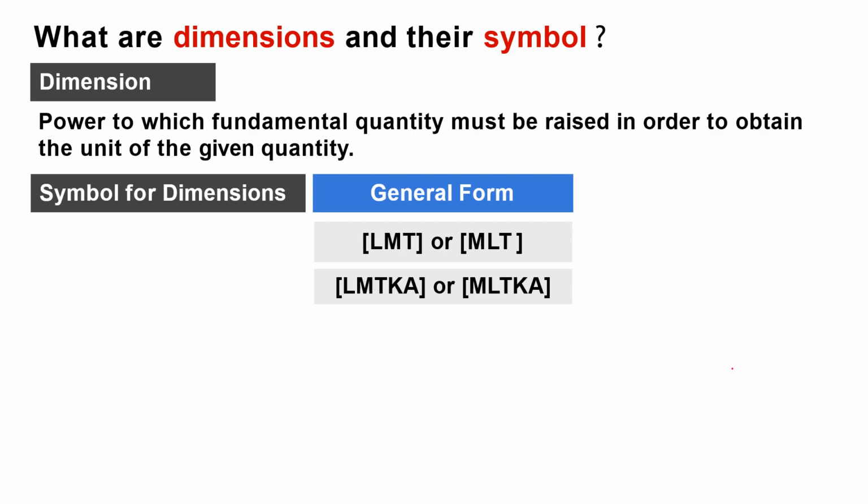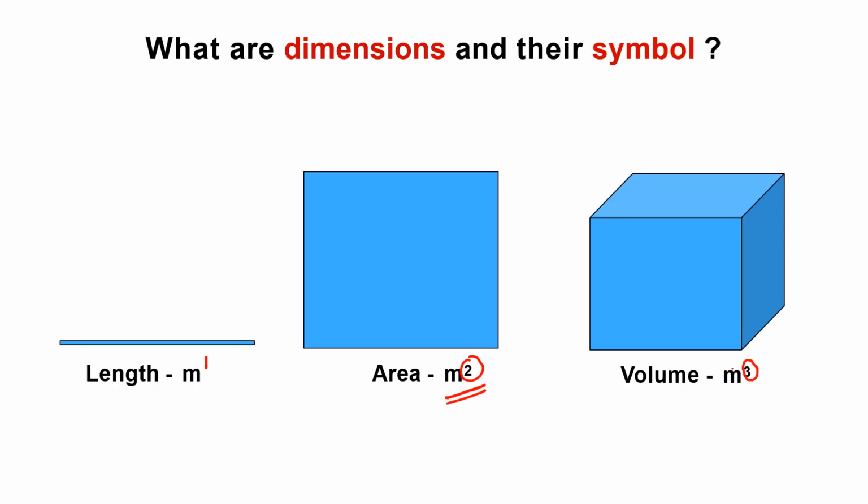It is the power to which the fundamental quantity must be raised. In the previous slide, whenever the length was represented in meter with an exponent of 1, it represents a dimension of 1, a one-dimensional quantity. The exponent of 2 represents a two-dimensional quantity, and the exponent of 3 represents a three-dimensional quantity.